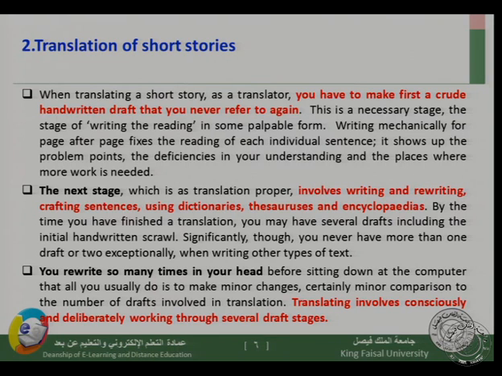But here they say, okay, the first thing you need to do when you are translating a short story from English into Arabic is to make first a crude handwritten draft that you never refer to again. This is a necessary stage, the stage of writing the reading in some palpable form.